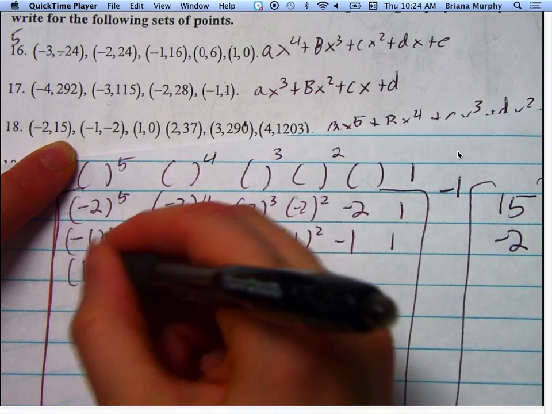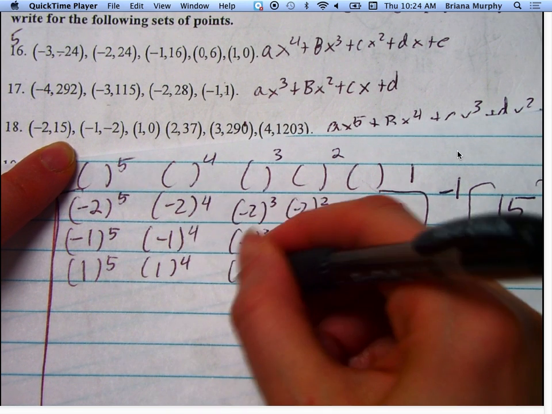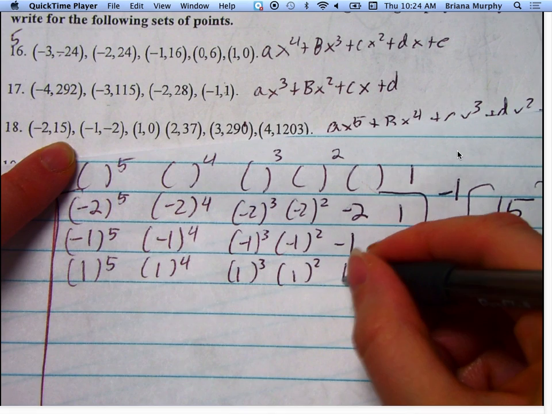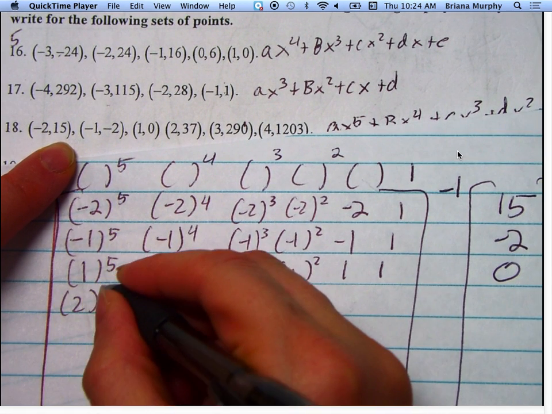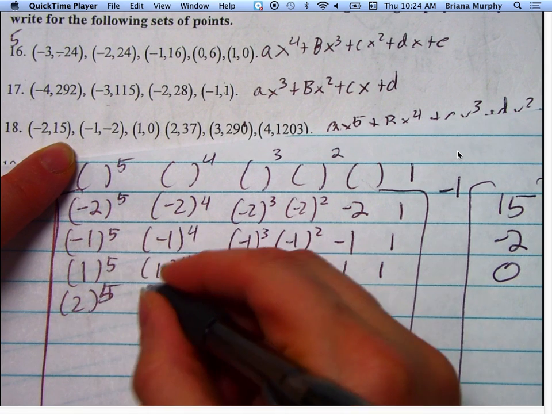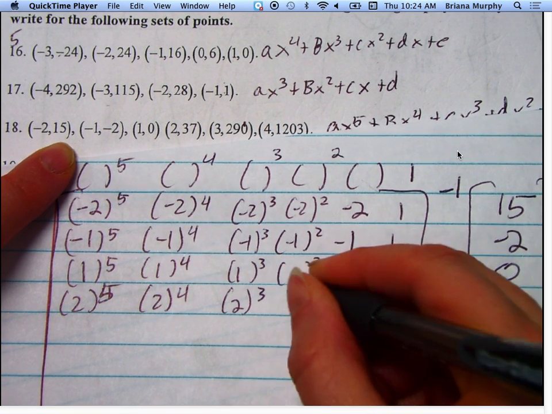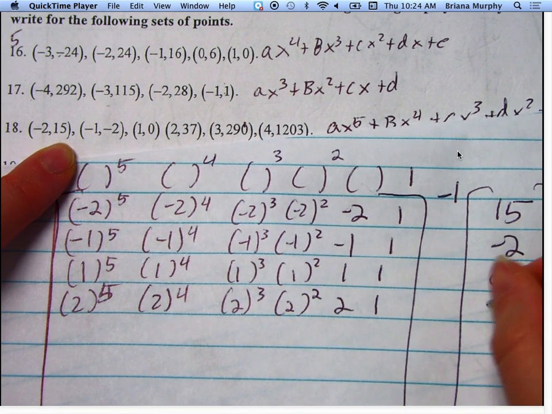Then I'm doing 1 to the 5th, 1 to the 4th, 1 cubed, 1 squared, 1, 1, and 0. Then I'm doing 2 to the 5th, 2 to the 4th, 2 to the 3rd, 2 squared, 2, 1, and 37.